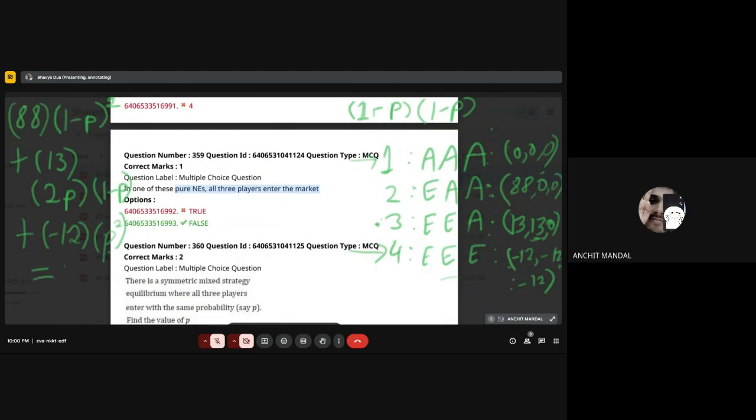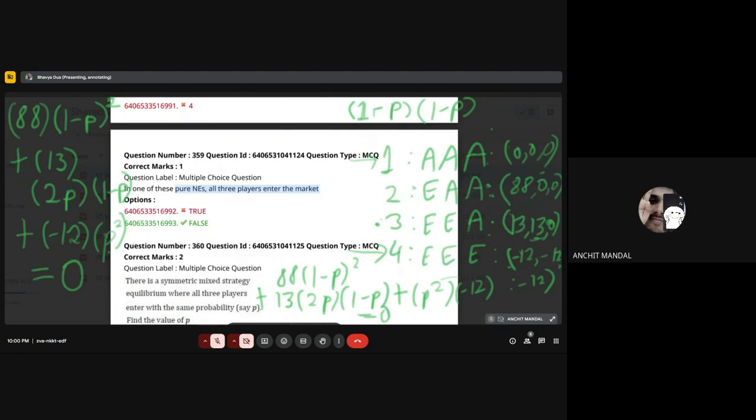This net game, the result should be 0. Now we get a quadratic, which is 88 into (1 minus P) squared plus 13 into 2P into (1 minus P) plus P squared into minus 12 is equal to 0.